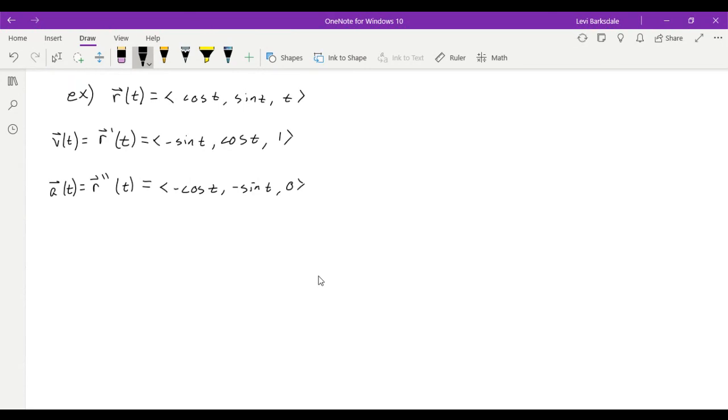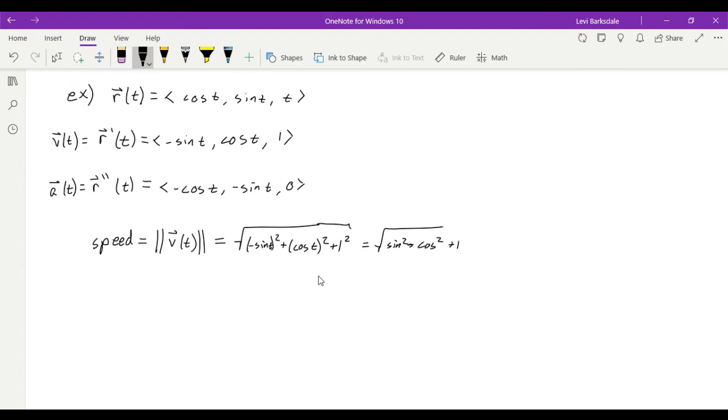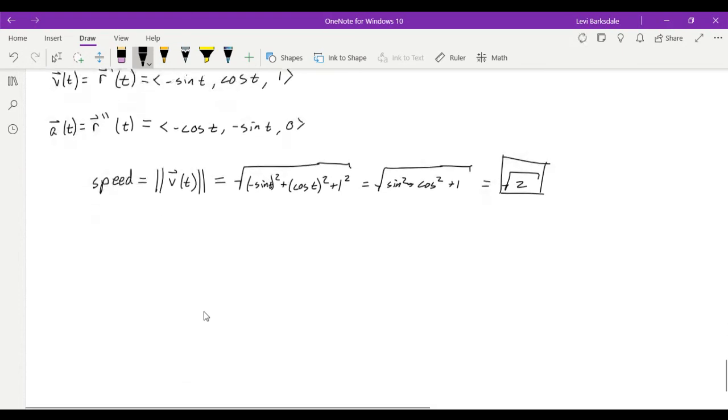And lastly, I can find my speed by taking the magnitude of velocity. So that would be the square root of negative sine t squared plus cosine of t squared plus 1 squared. This comes out to the square root of sine squared plus cosine squared plus 1, which is the square root of 2, which gives us our speed. In this case, the speed is a constant. It won't necessarily always be that way, though, as you will see in this next example.